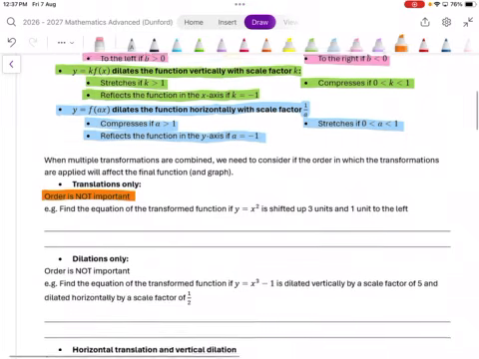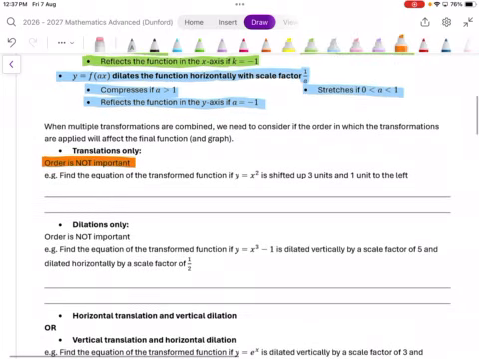So what that means is, for our little example here, we want to find the equation of the transformed function if y equals x squared is shifted up 3 units and to the left 1 unit. So if we have y equals x squared, what do we want to do first? Horizontal or vertical?